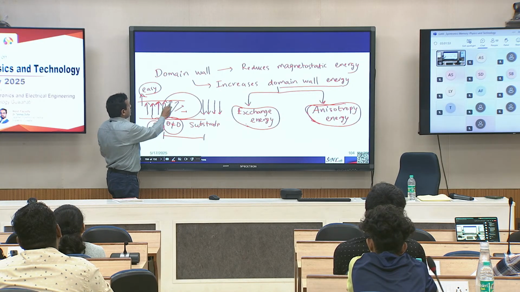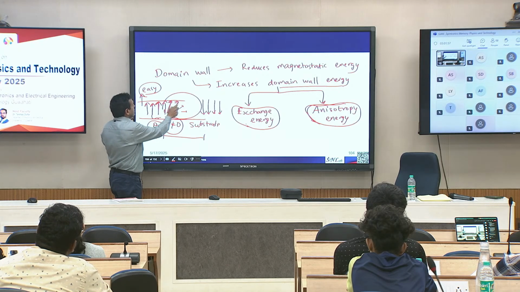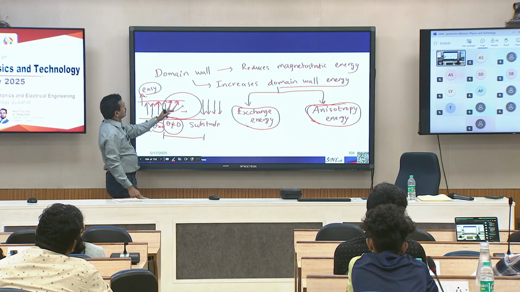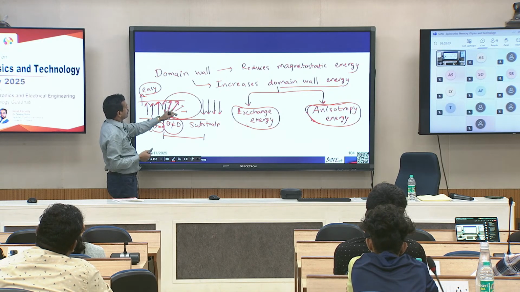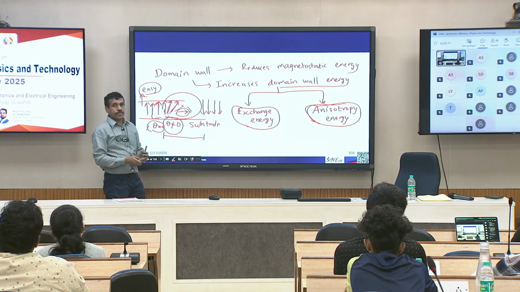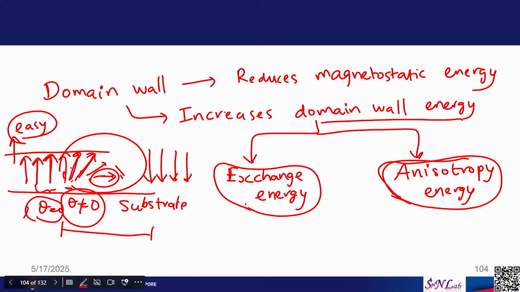This one is deviated from the easy direction by a certain angle, this is deviated even further. So, this increases energy a little bit, this increases energy too much, and this increases the energy the most, and so on. Because the spins are not aligned along the easy direction, the anisotropy energy also increases.